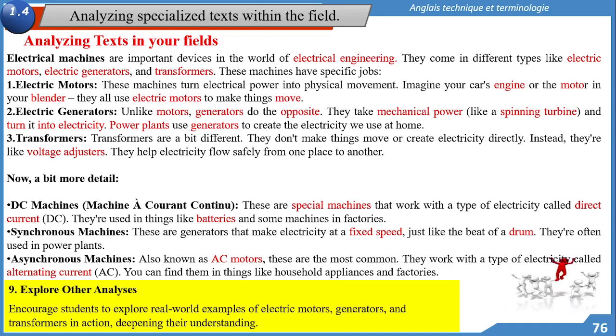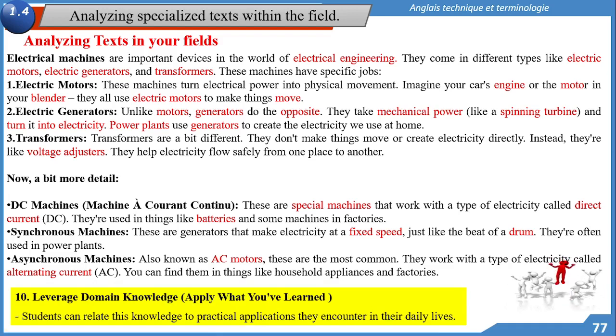So here find examples in the real world where electric motors, generators and transformers are in use. This will help you see how these machines are applied practically in various situations. So apply what you have learned.